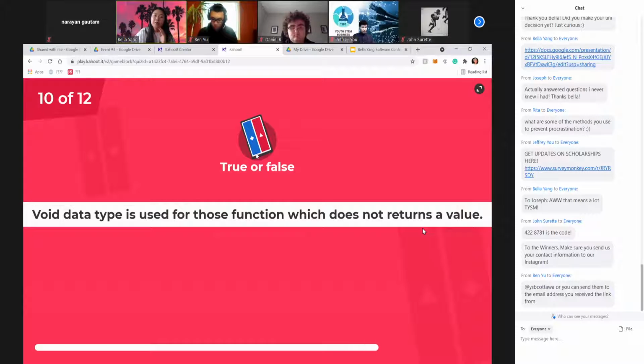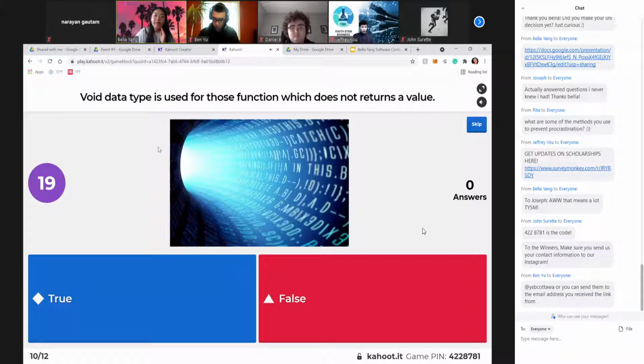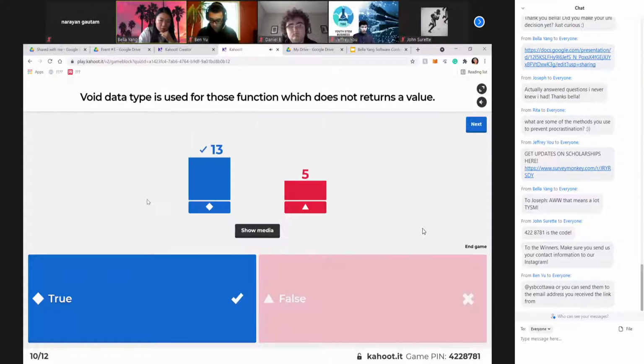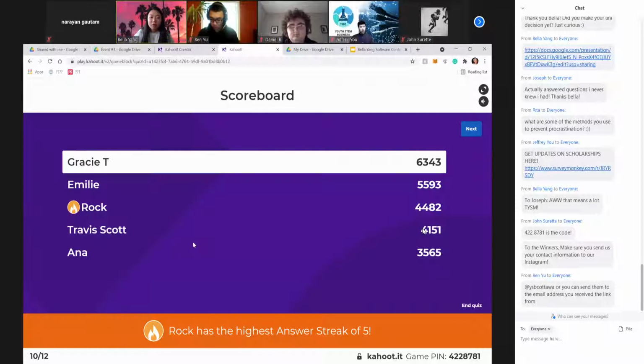Void data type is used for those functions which does not return a value. Is it correct? Yeah, so if you do void, you either want to print or do other things, but you don't want to have a return data type, a return value.